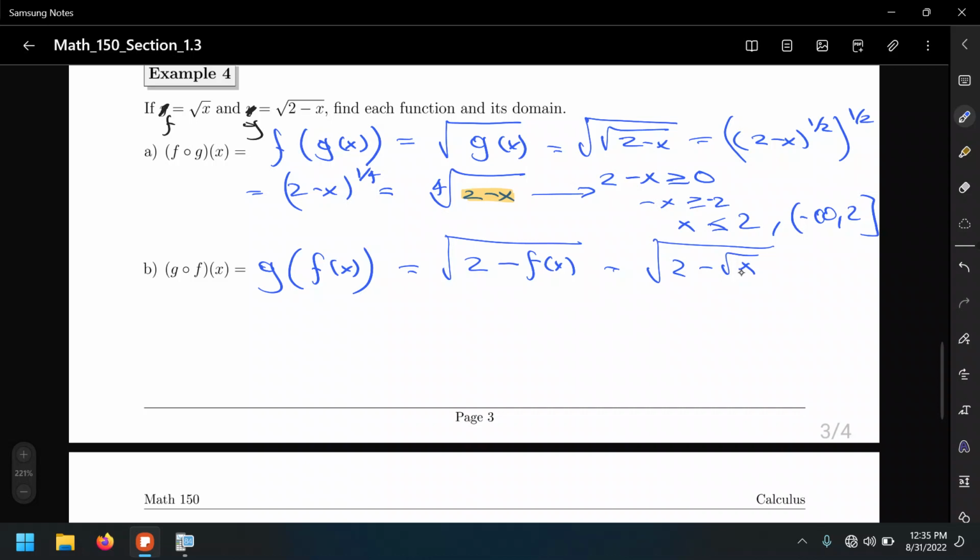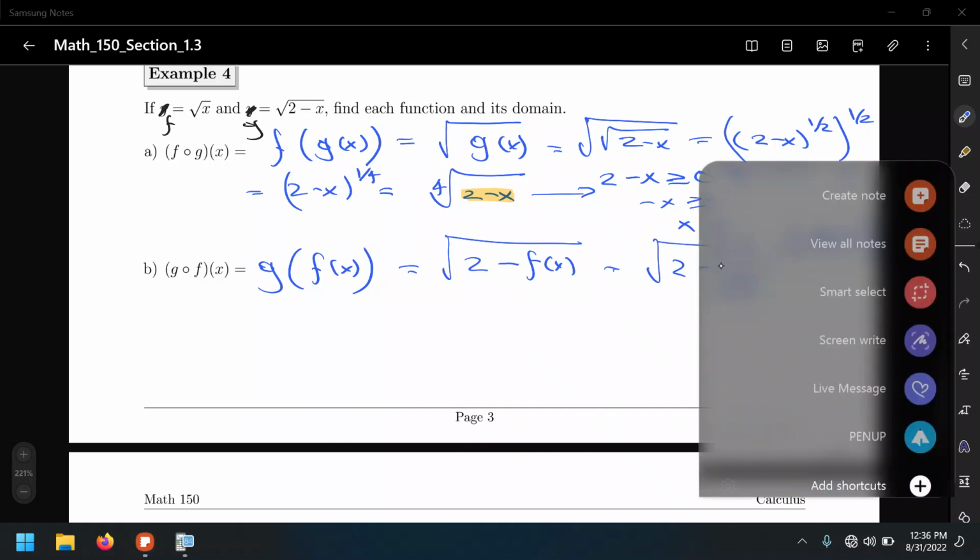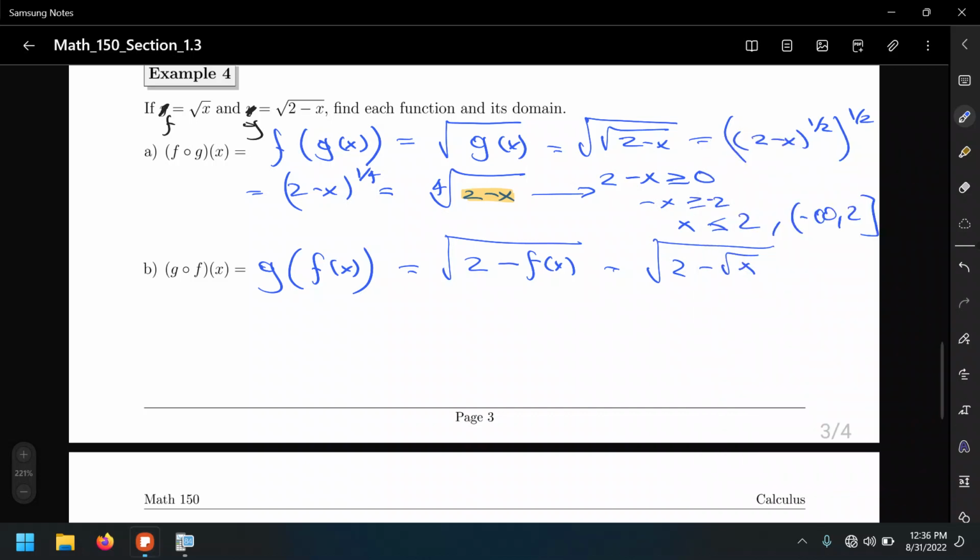We are evaluating a new function using another function that already comes restricted in domain. What's the restriction for the square root of x? What's the domain of that function? Greater than or equal to 0, right?